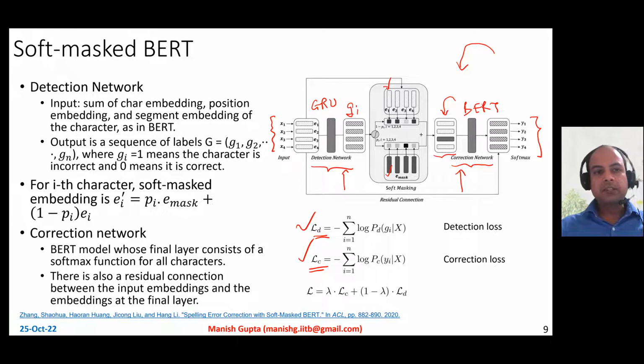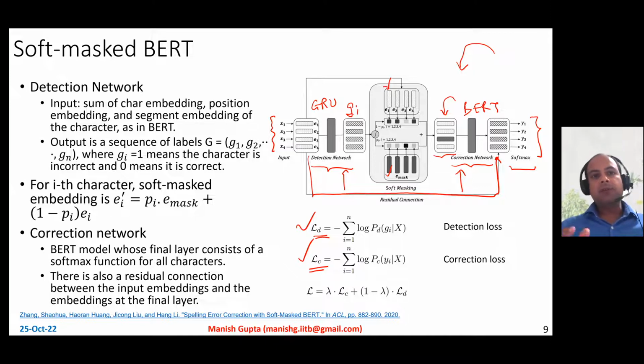Okay, so that's how these two networks work together to come up with the final output, which hopefully matches the ground truth. Right? Note that in the correction network there is also this nice residual connection, which ensures that certain characters which don't need any processing can use this short circuit path.